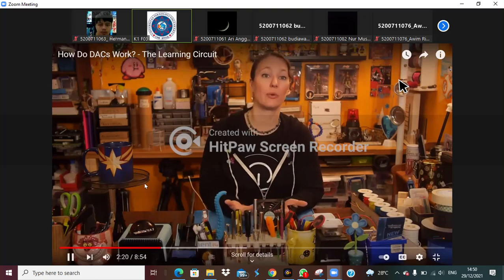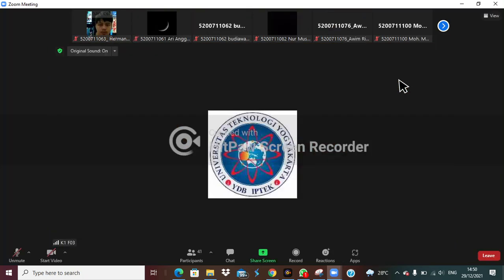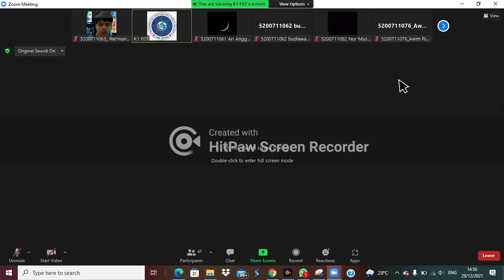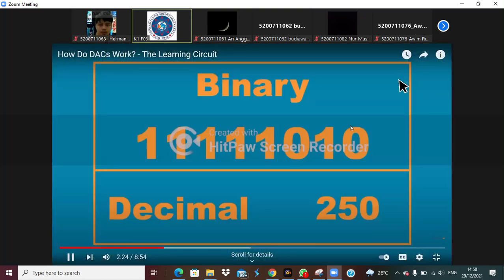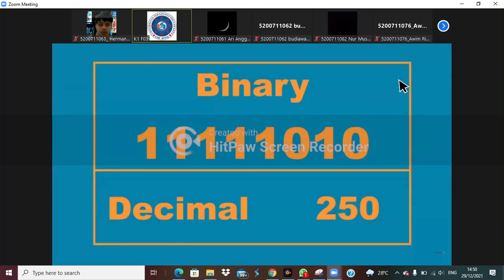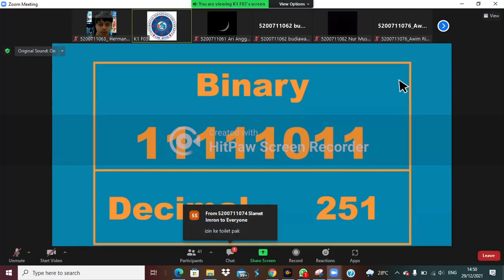To understand how this circuit works, we should start by reviewing some bits about binary. Binary is base 2, meaning it counts up to 1, then rolls over to the next place. 0, 1, 0, 1.